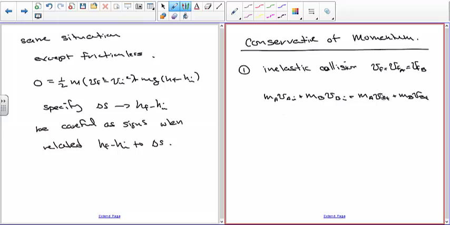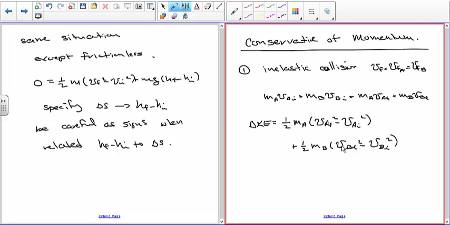So what you can do is substitute v final for each one of these and then figure out what it is. If I asked you to find the change in kinetic energy, you'd have 1/2 times the mass of object A times (v A final squared minus v A initial squared). So this is the change in kinetic energy of object A. And then you have 1/2 the mass of B times (v B final squared minus v B initial squared).